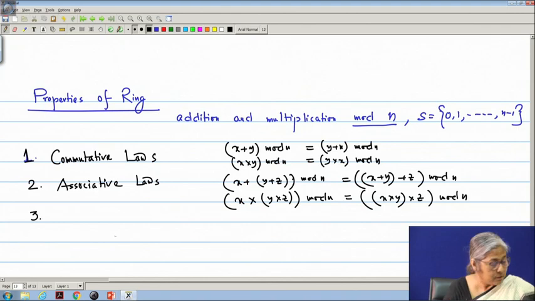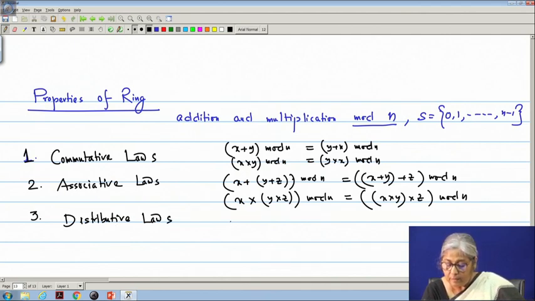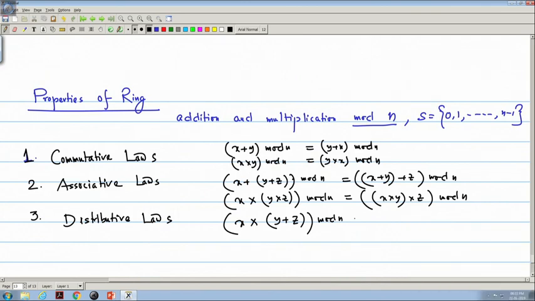Now, my distributive laws. We know x cross y plus z modulo n will be x cross y modulo n plus x cross z modulo n, mod n.